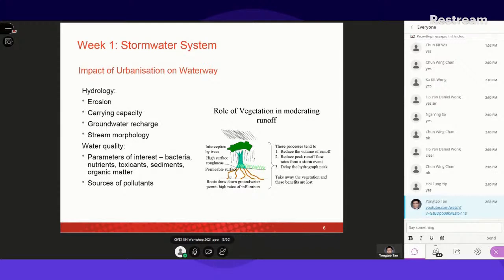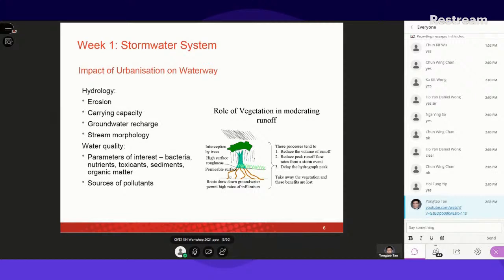The next slide is about the impact of urbanization on waterways. I just mentioned a little bit about that: how urbanization impacts the existing waterways, such as streams, rivers, or oceans.